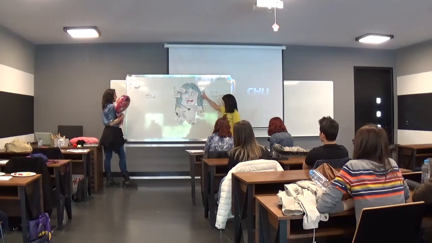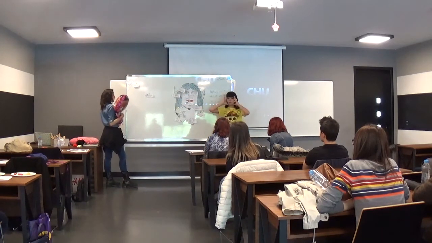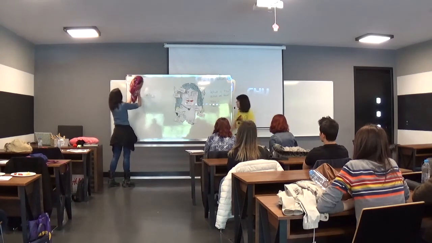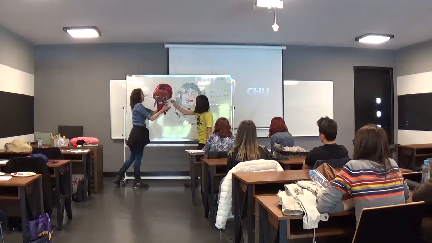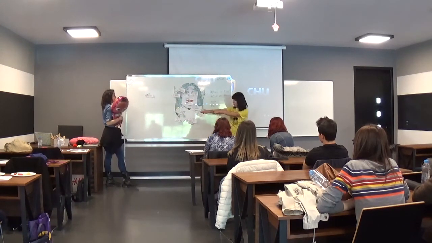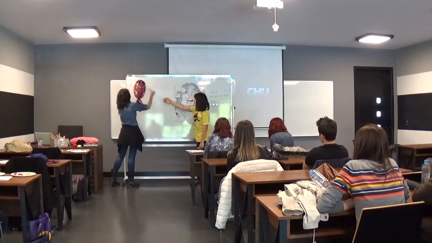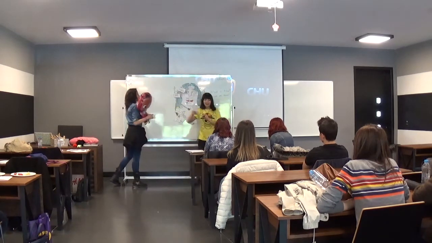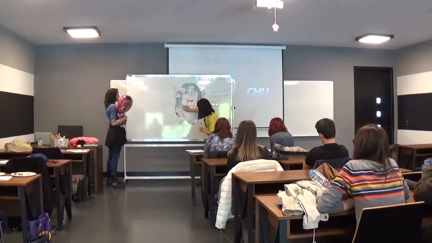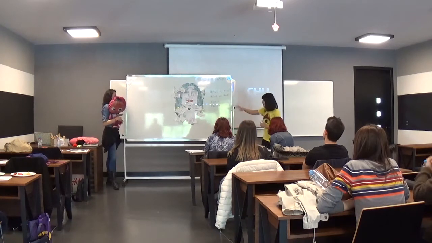And what is this? Yes, it is our head. And what is this? Arm. Can you say it again in English? Arm. Okay, that's good. And we complete this one.